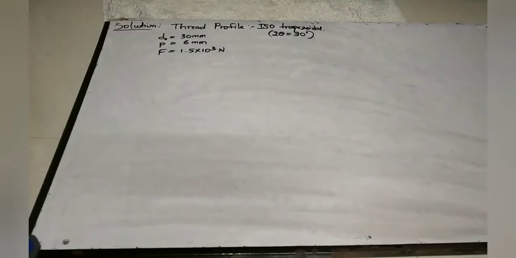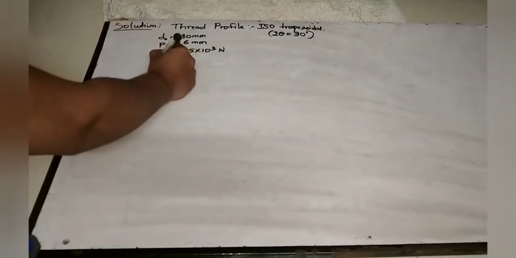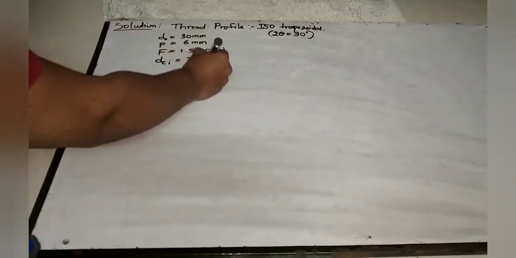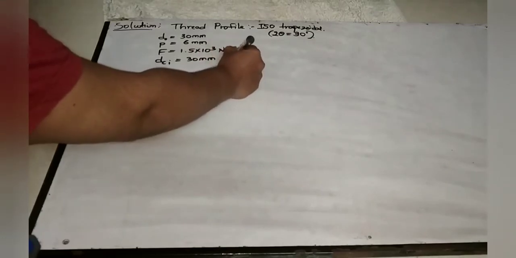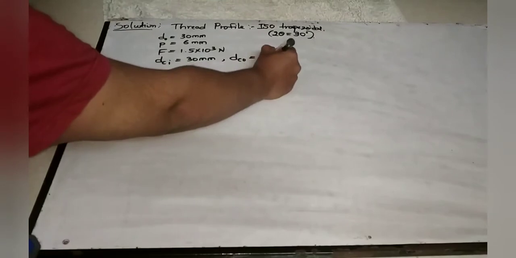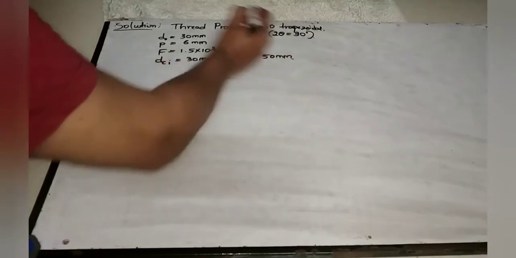Now here the collar diameters, that is inner diameter of a collar and outer diameter, are also given. So DCI, inside diameter of a collar, is 30 mm, and outside diameter of a collar is given as 50 mm.